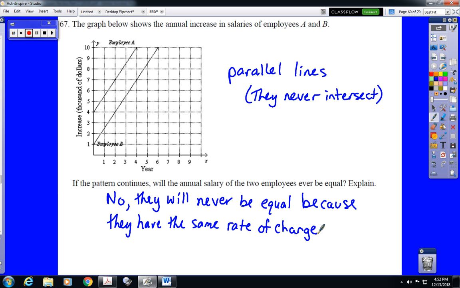So they will never intersect. Something along those lines. Notice how I used a nice math word here, rate of change. All right, that was an easy problem. Let's go on to number 68.